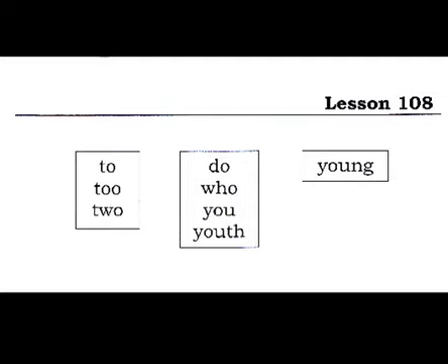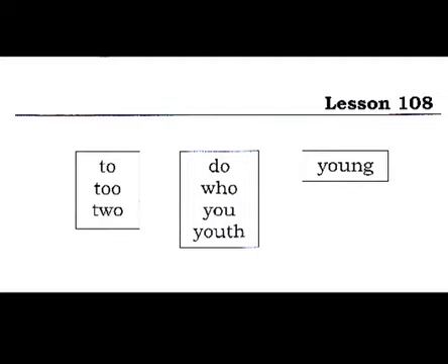The second one, T-O-O, is he too is not feeling very well. That means also, he also. T-O-O. And T-W-O, of course, is the spelling for the number two. Like I have $2, T-W-O.